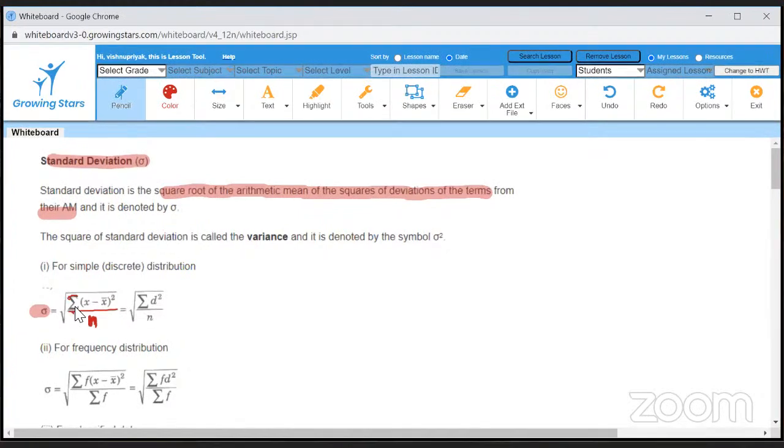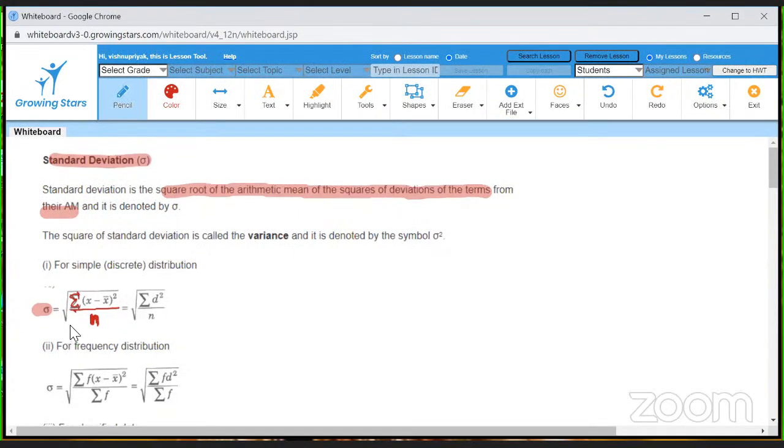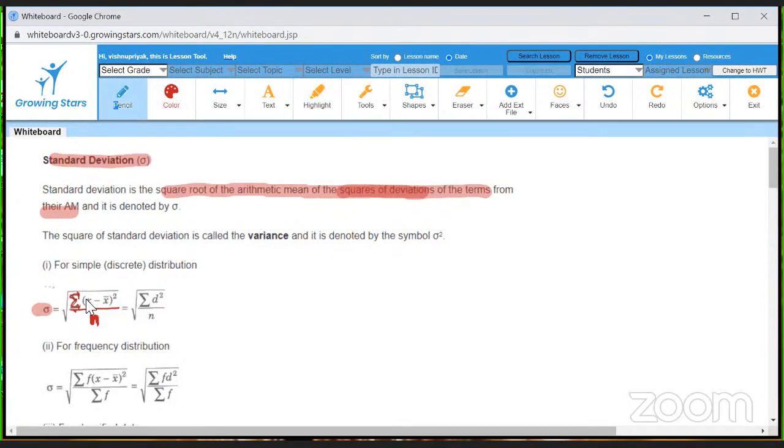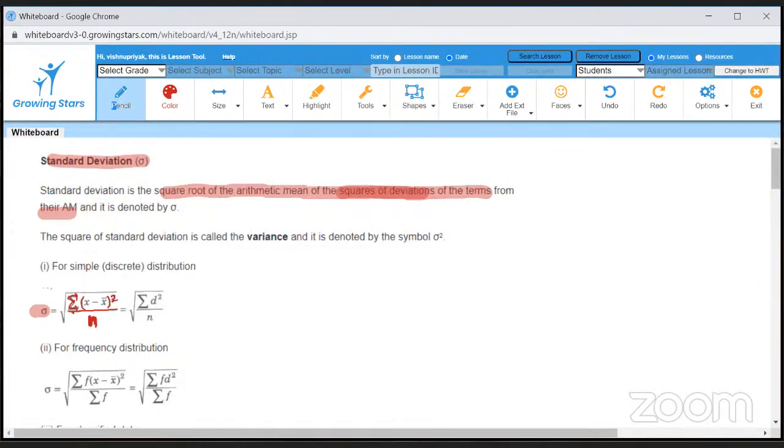Because I said arithmetic mean, I'm dividing by n, total number of observations. And then I have to add up in the numerator sigma. Adding what? Squares of deviation. You are taking the square of deviation.